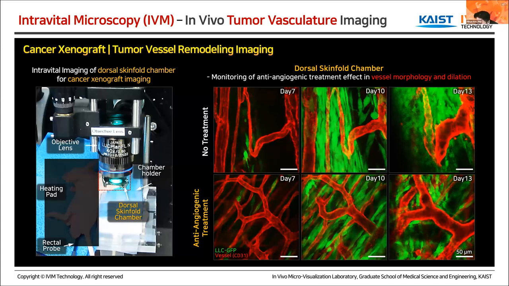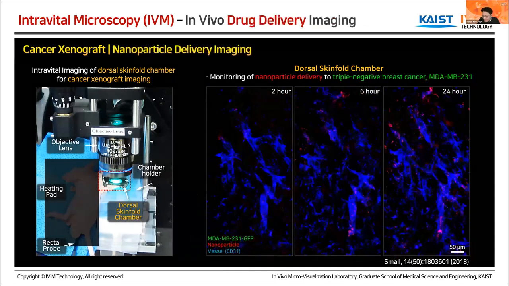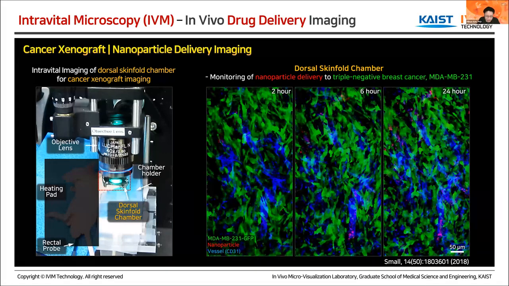And then the next question is, what kind of software do you use to take images and to analyze them? Well, we use our own software. We developed our own acquisition software and also analysis software.